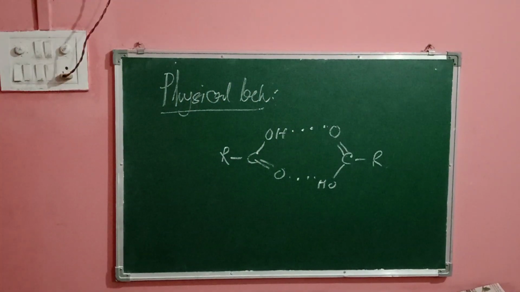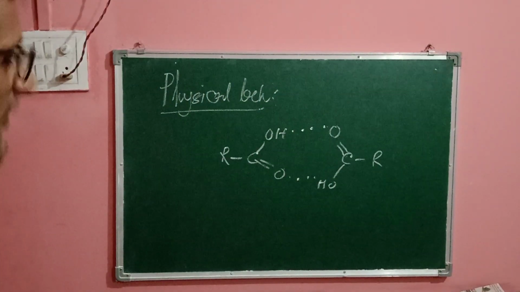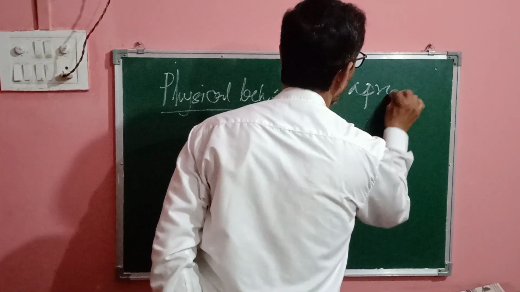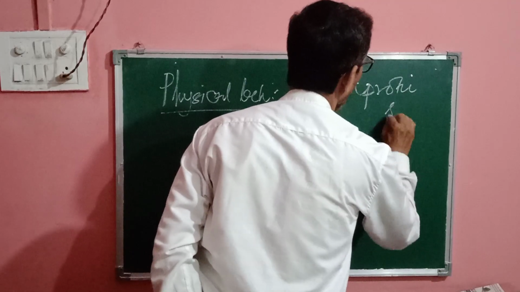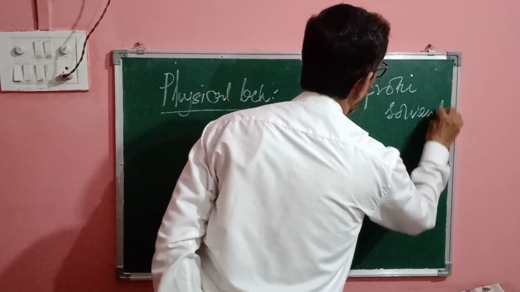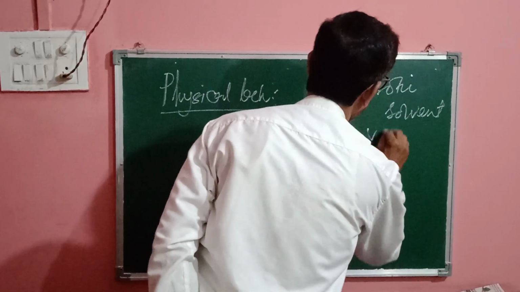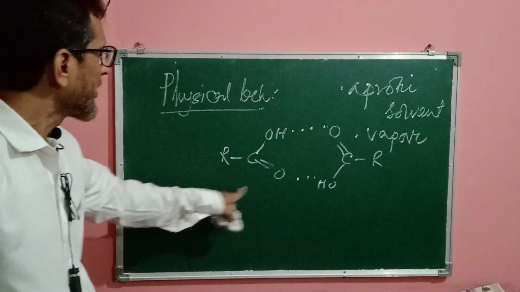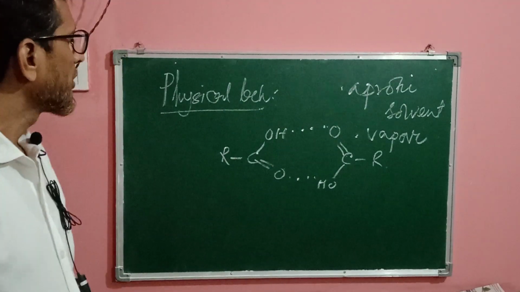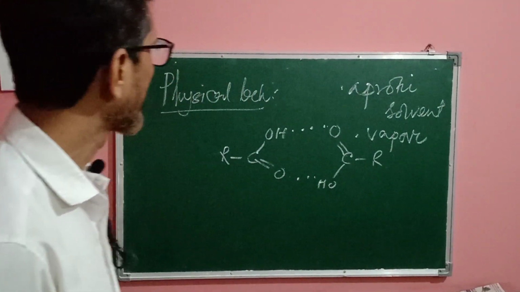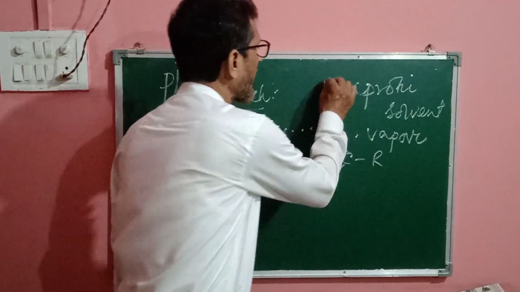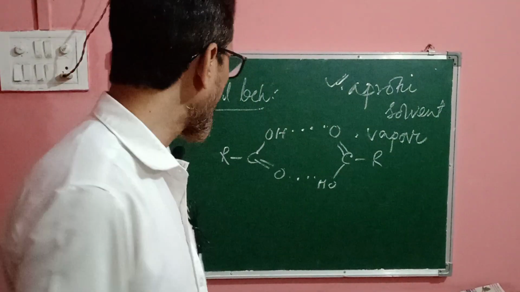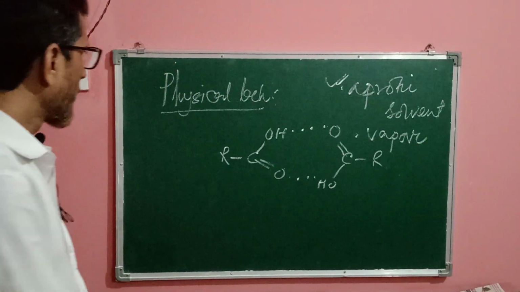Carboxylic acid, even in vapor phase or in aprotic solvent, the intermolecular hydrogen bonding is so strong it doesn't break. I will explain the term aprotic. Intermolecular hydrogen bonding we have got earlier in higher secondary first year.